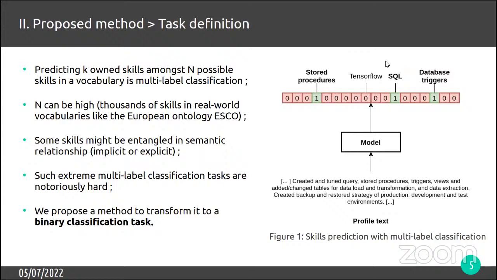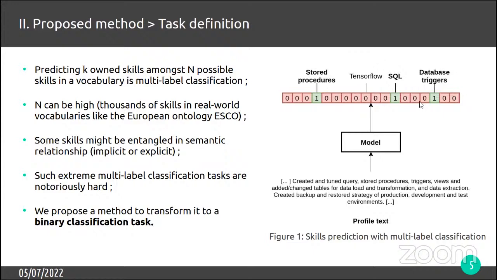Okay, so let's dive into our proposed method, which starts with a little shift, an adaptation of the problem of skill prediction. If you think about it, it seems obvious that skill prediction is a multi-label classification task.